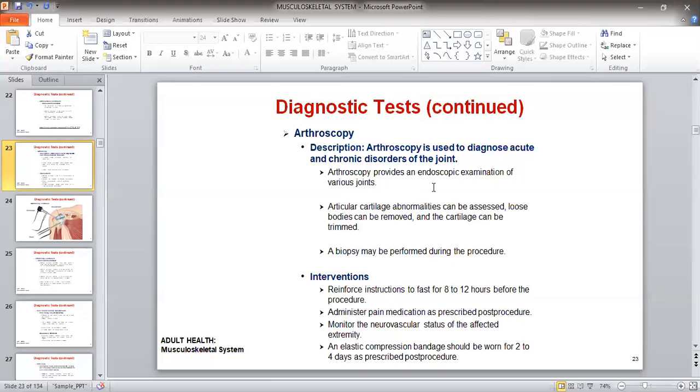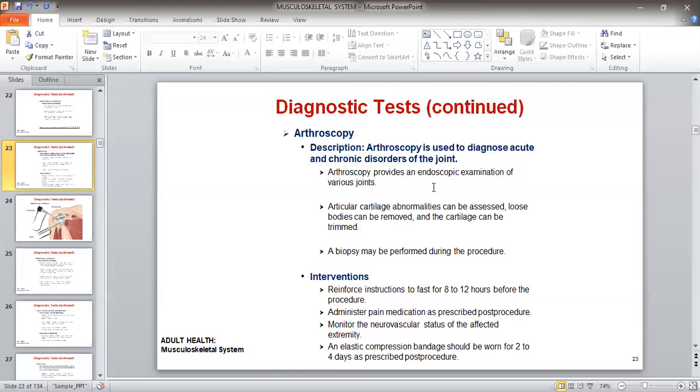So what do we have to know to educate my patient? Re-inform the instruction to fast for 8 to 12 hours before the procedure. Everything we have to tell them. We have to explain the procedure. We have to tell them the indications of the procedure, the contraindications, the side effects, expected dangers or side effects, which is important.